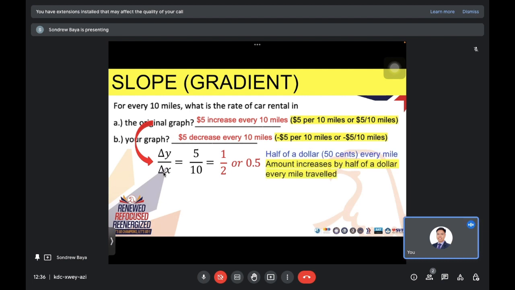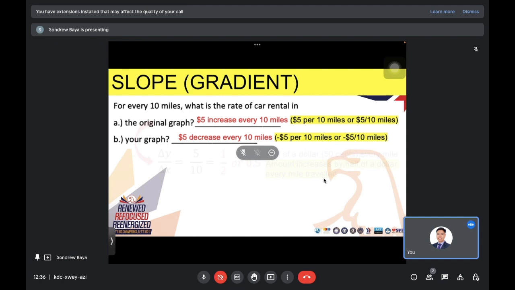In other words, we can interpret this as half of a dollar every mile, meaning the cost of the car rental is simply half of a dollar, or say 50 cents every mile. Or another way of looking at it, we say the amount of car rental increases by half of a dollar every mile traveled. Similarly, in the second situation, we could still look at it as change in y over change in x.